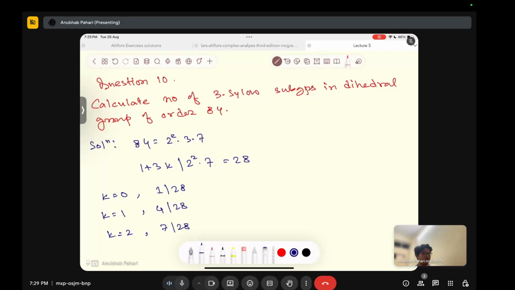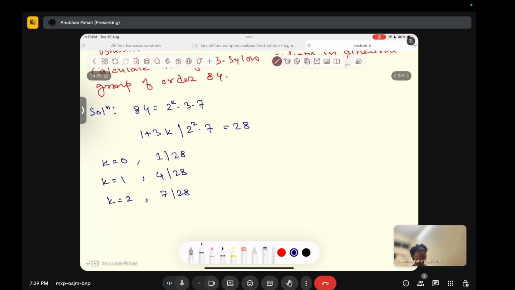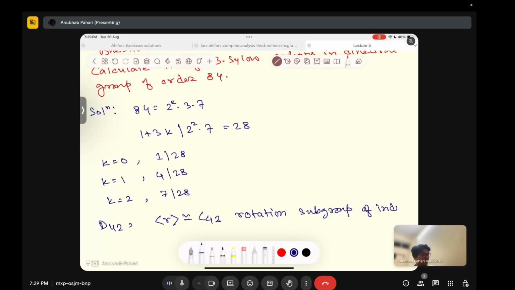Okay, think of it this way. It is a dihedral group, say D42, and it has a rotation subgroup R, say C42, which is a subgroup of index 2, right?